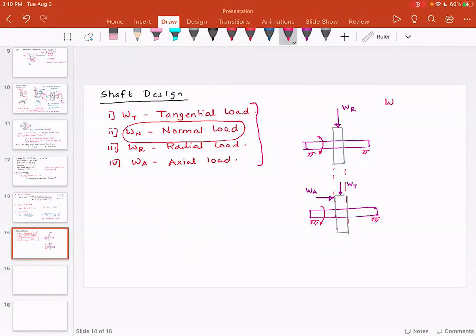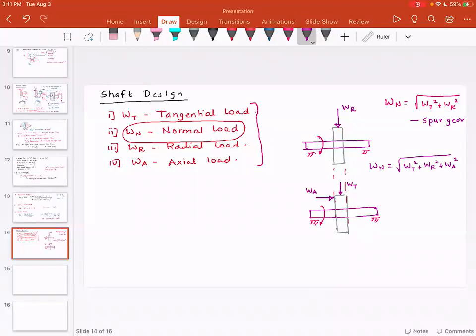In spur gear, normal load is square root of tangential load squared plus radial load squared. This is for the spur gear. For helical gear, normal load is square root of tangential load squared plus radial load squared plus axial load squared.